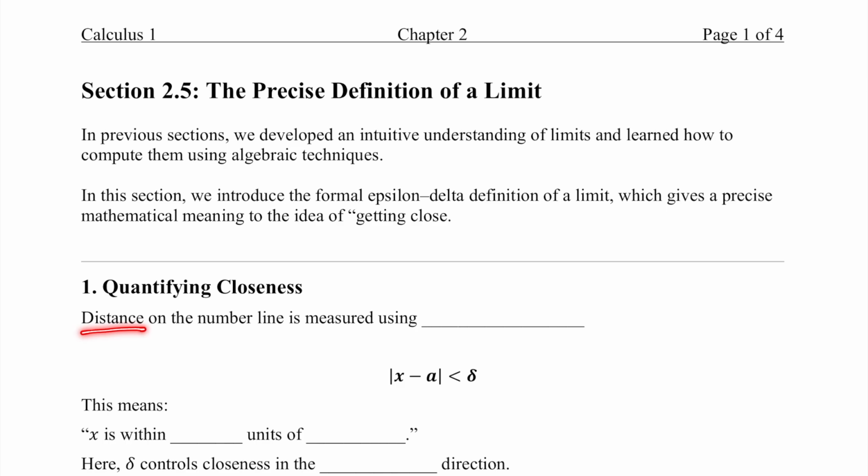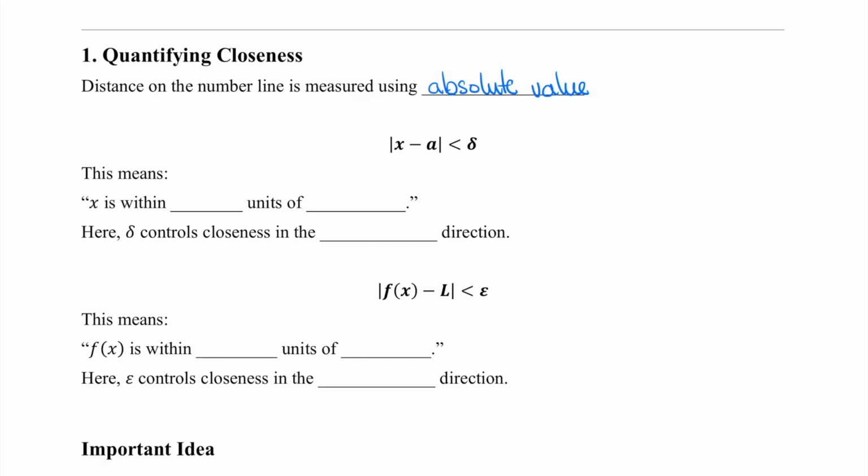Distance on the number line is measured using absolute value. This expression measures the distance between x and a. When we write absolute value of x minus a less than delta, it means x is within delta units of a.